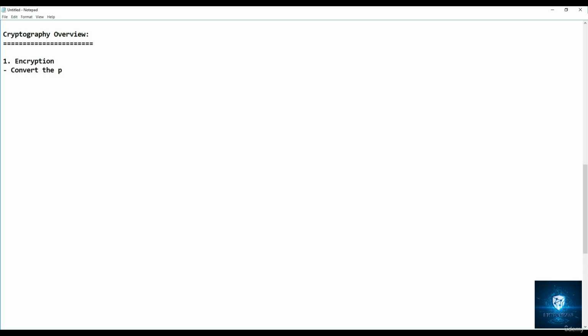The next job is to ensure that only authorized users who have the correct decryption key can access the original data.